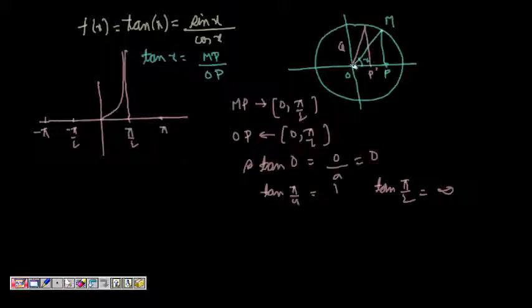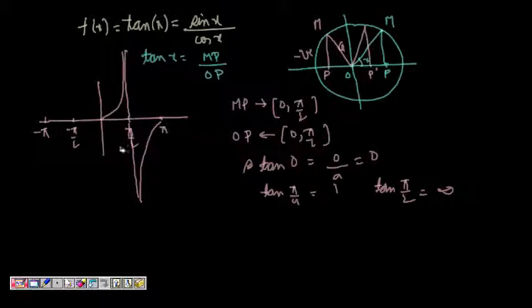But if we see the other side, what is happening? MP by OP. Here again MP is a very high value, but OP is now negative. So for values just greater than pi by 2, it becomes something very near to minus infinity, and at pi, MP becomes 0 and the value becomes 0.